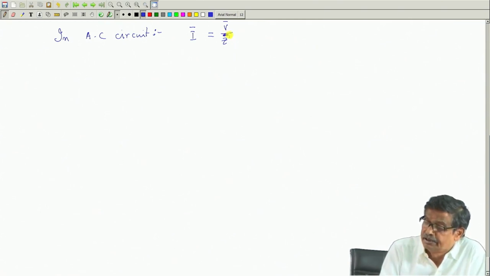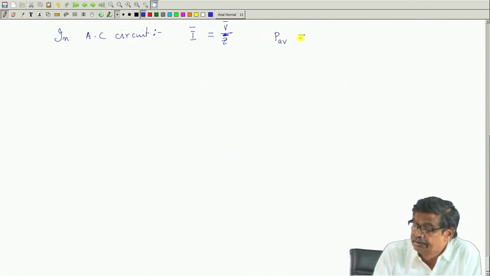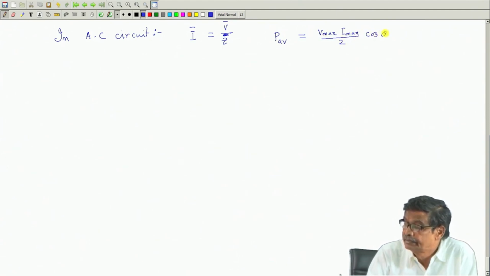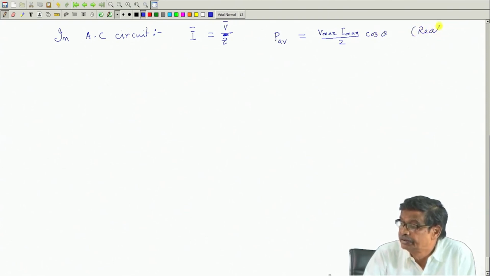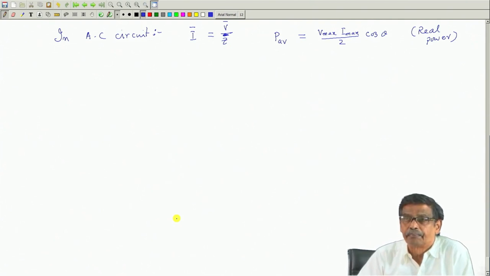Only thing this time the numbers are complex, and P average is V max I max by 2 into cos theta, that is the real power, which I have explained just now. So, this is the thing.